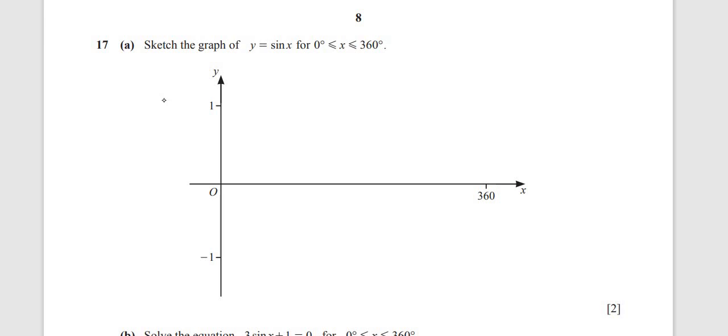To draw the sine curve, we know that the sine of 90 degrees is 1, then at 180 degrees the sine is 0, at 270 the sine is -1, and at 360 the sine is 0. So we just need to draw the sine curve like this.